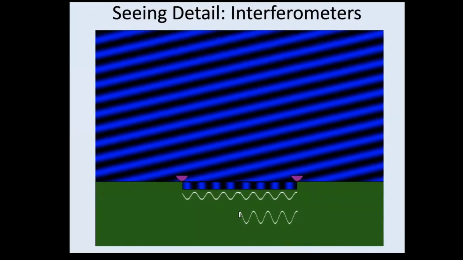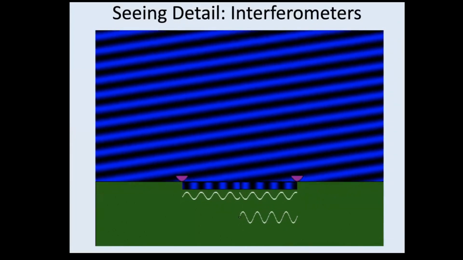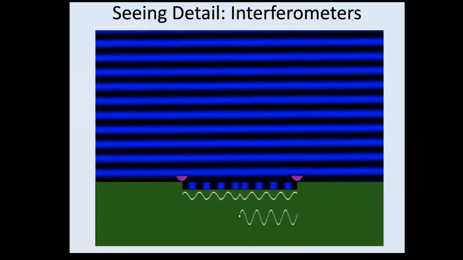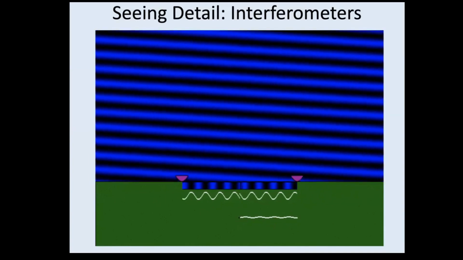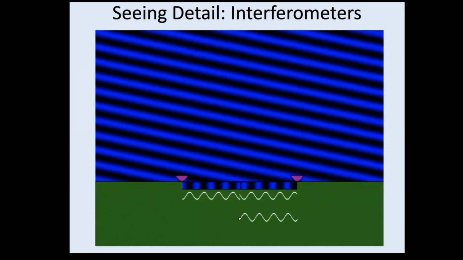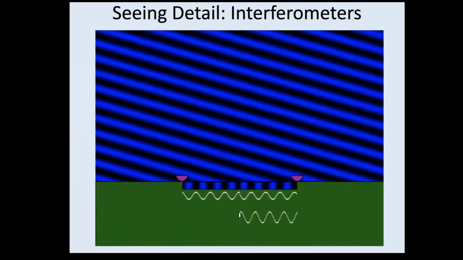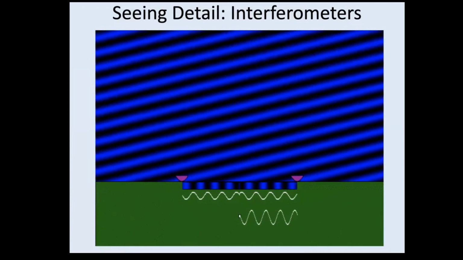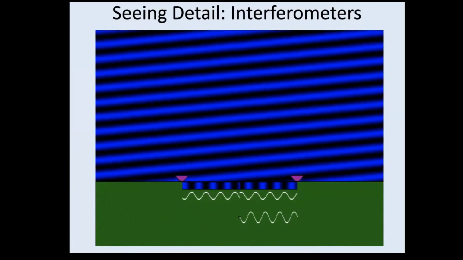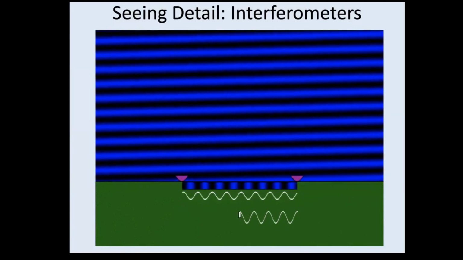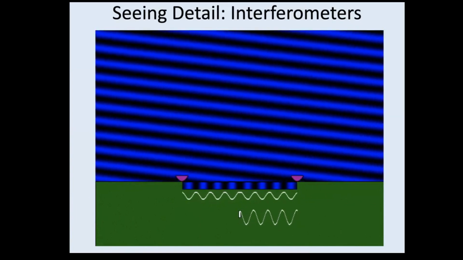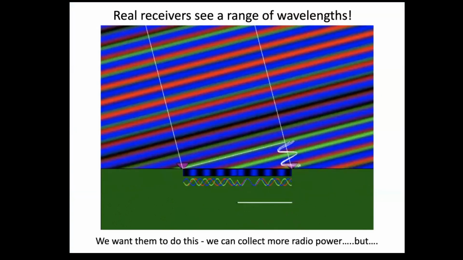This is my first animation, which is trying to explain how radio waves coming in are received at two different dishes, and you bring the signals together, and in some directions you get coherent adding up, and in others you don't get any signal at all. And that actually allows us to see some detail in the radio source.